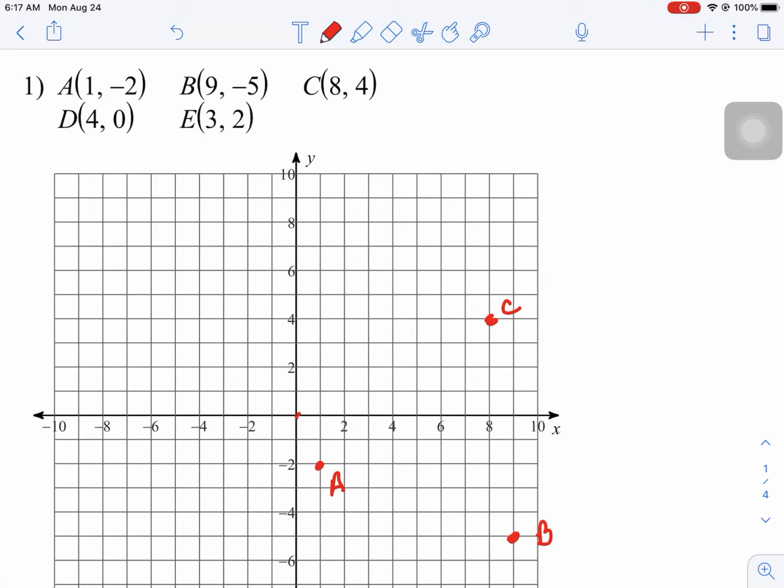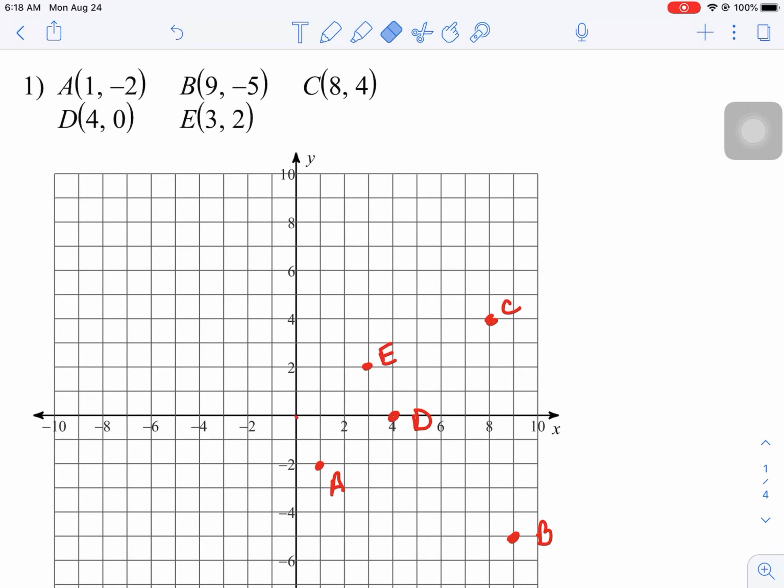D says 4 in the positive x, and then 0 in the y, which is right there. We just stay right there. All right? And so that is point D. And then E is 3, 2. So I'm going to go 3 in the x, 2 in the y, put my point, and that's point E.